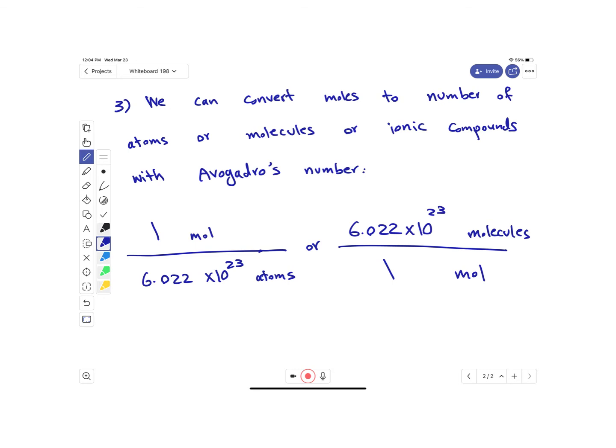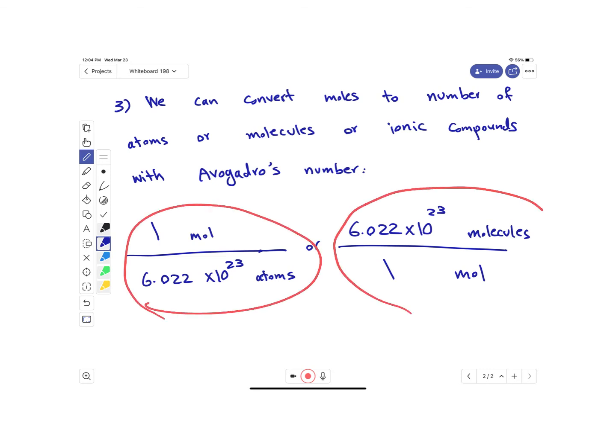If you know 1 mole of anything is 6.022 multiplied by 10 to the power of 23 of that thing, you can establish a relationship between moles and number of atoms or molecules. It can also be polyatomic ions, books, or pennies. So remember, 1 mole of anything is 6.022 multiplied by 10 to the power of 23 of that thing. Any questions so far? Good.